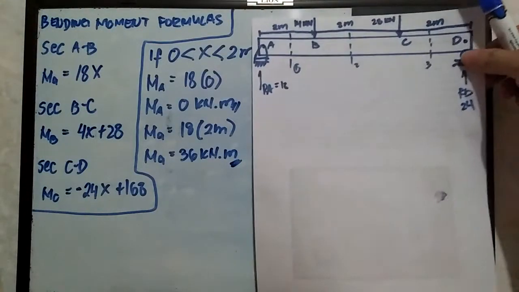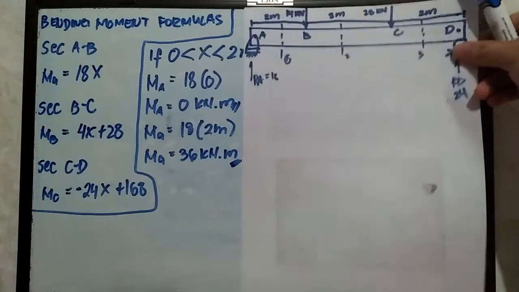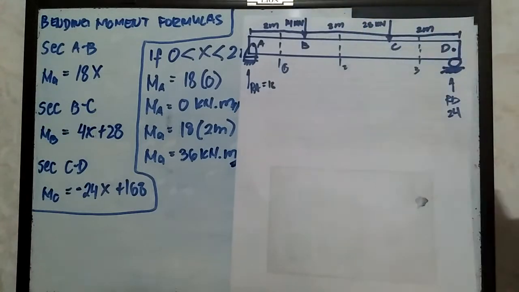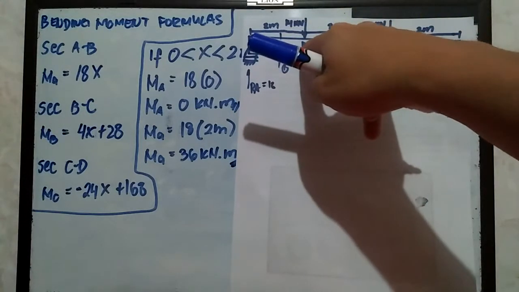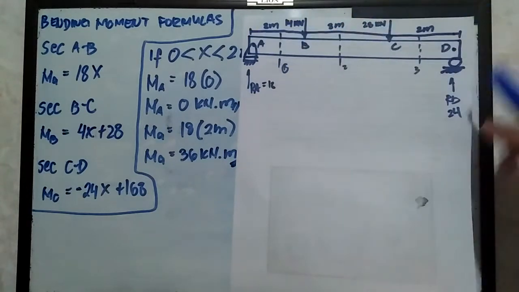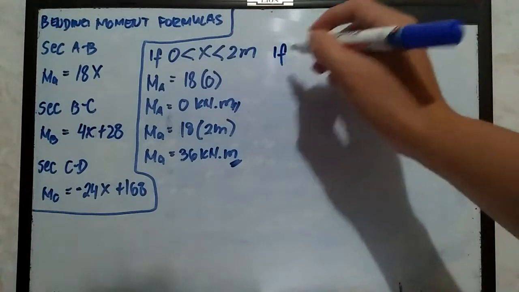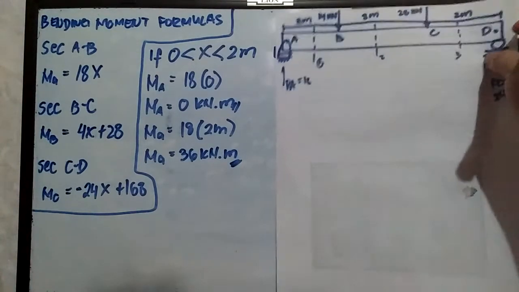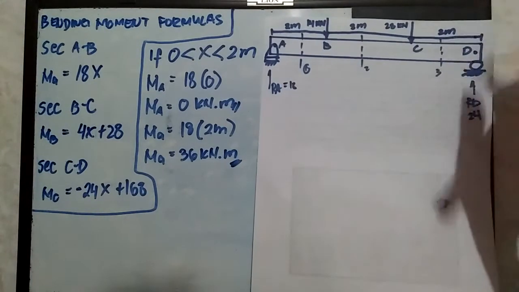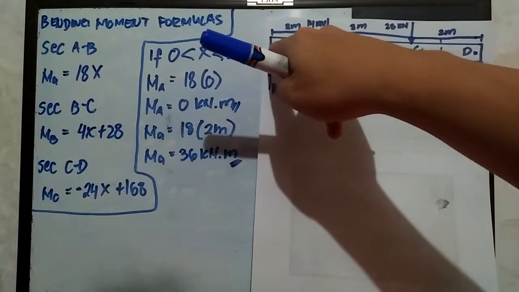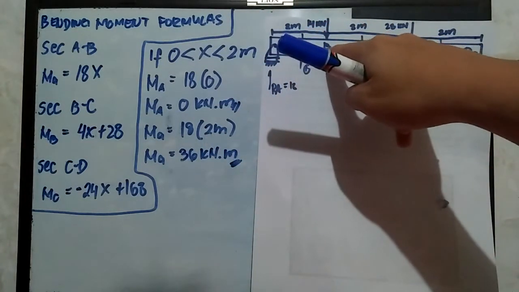So let's proceed to section B-C. We're going to consolidate this measurement B to C. Again, the measurement should be less than this and this measurement.